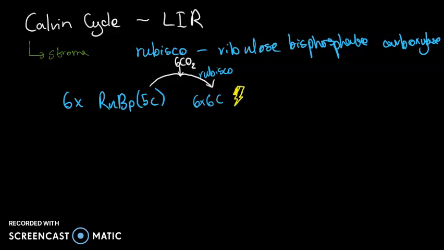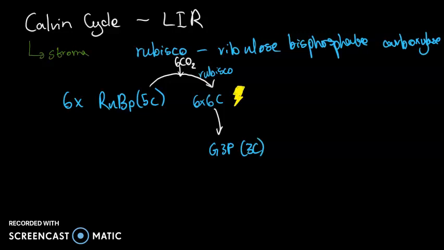It's got a lot of energy, and with unstable things, what do you think happens? It breaks down into glycerate 3-phosphates, sometimes called G3Ps. I'm going to write them as G3Ps, and these are 3 carbon compounds.